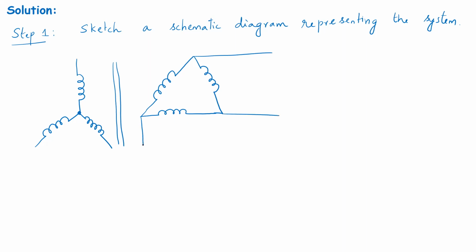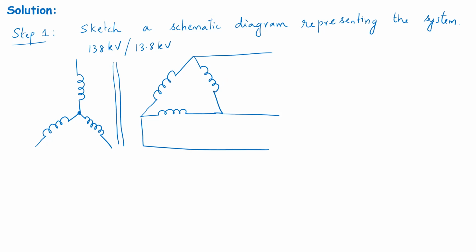This delta connected side is the low voltage side, which is rated for 13.8 kV, and the high voltage side is rated for 138 kV. Okay, that is specified in the problem statement.